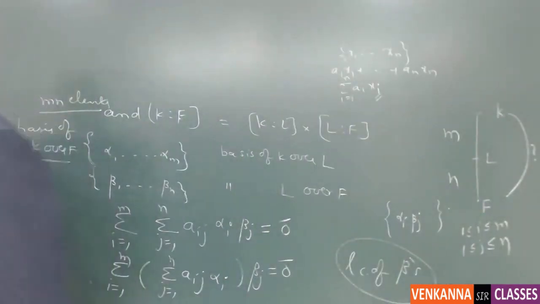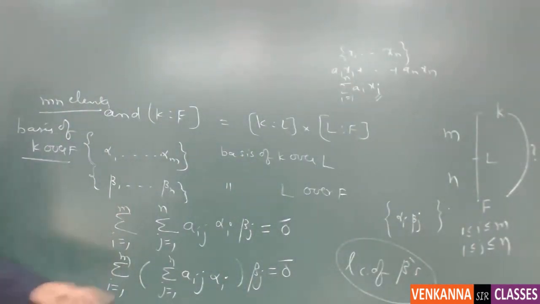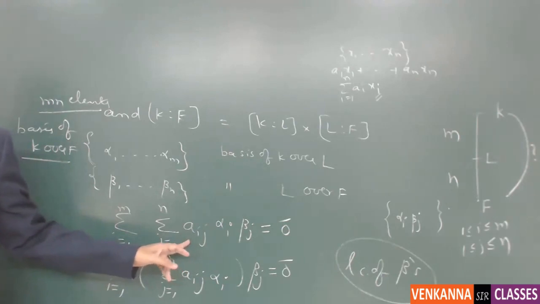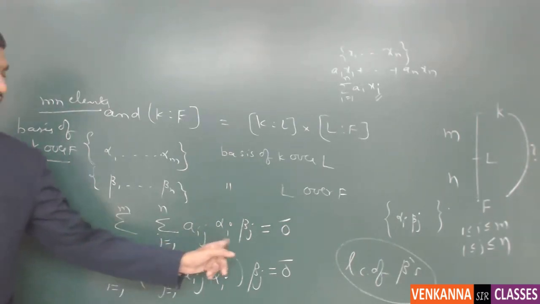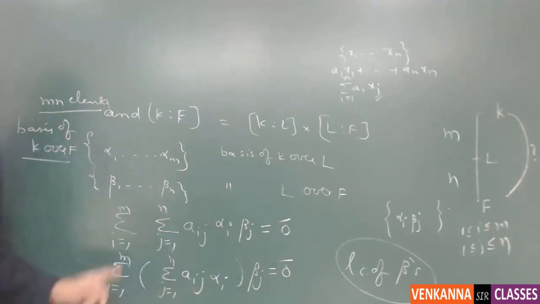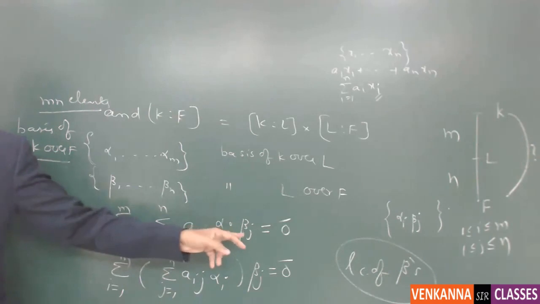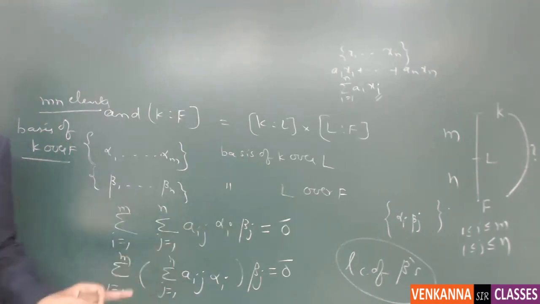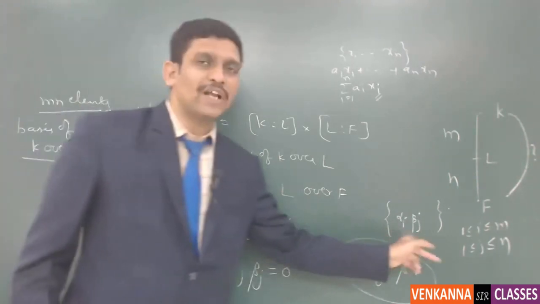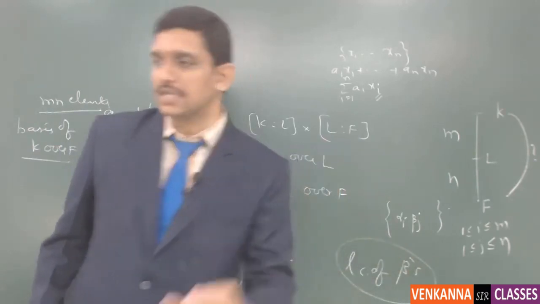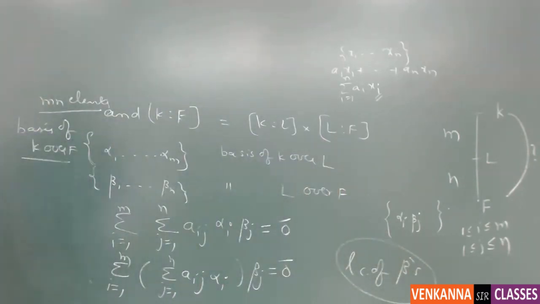Clear? Similarly, a_ij are the scalars taken in the field, and this is a vector, having two summations, because I am considering alphas as well as betas at a time. I am considering the product of the values, right? So you have to write two summations. Clear?